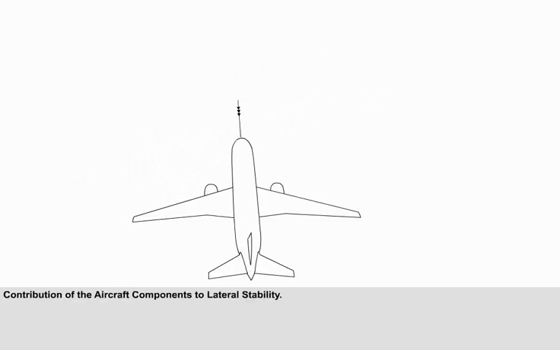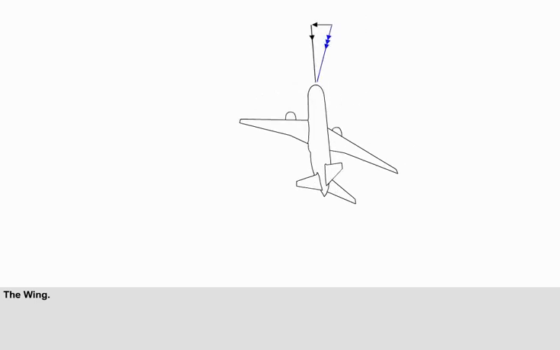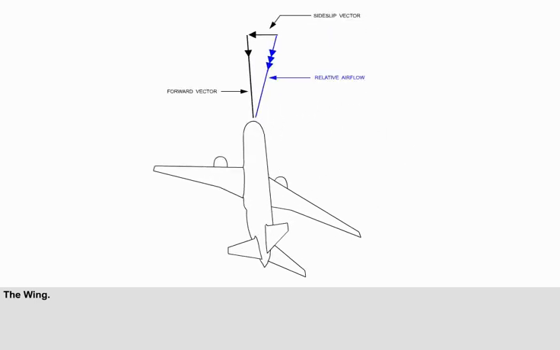The degree of lateral stability an aircraft has is the net result of the contribution of its component parts. First, we will look at the contribution of the wing. As the aircraft side slips, the relative airflow is no longer parallel to the longitudinal axis, and the forward speed vector and the side slip vector give a resultant relative airflow from the side.